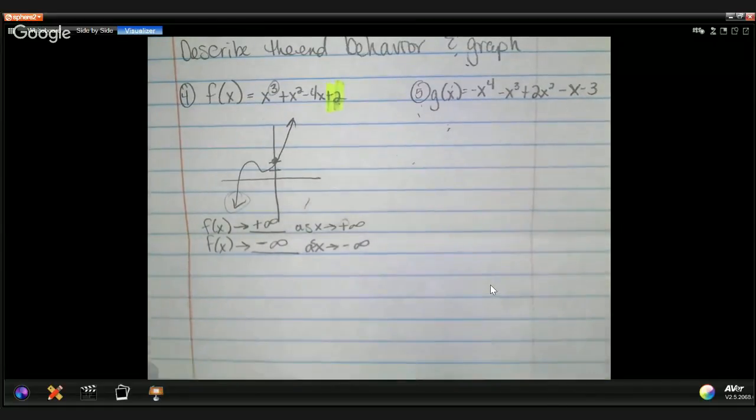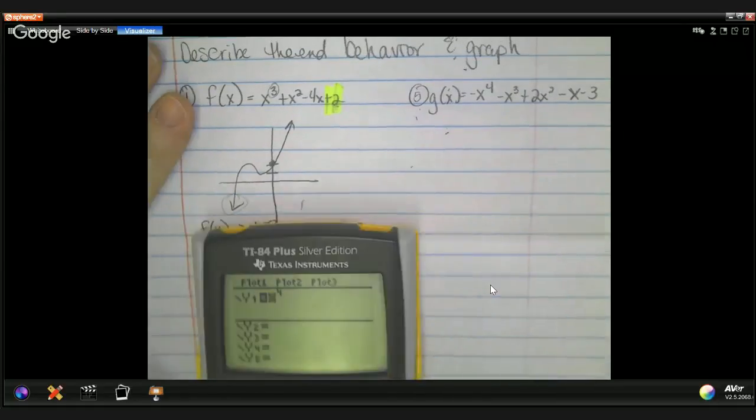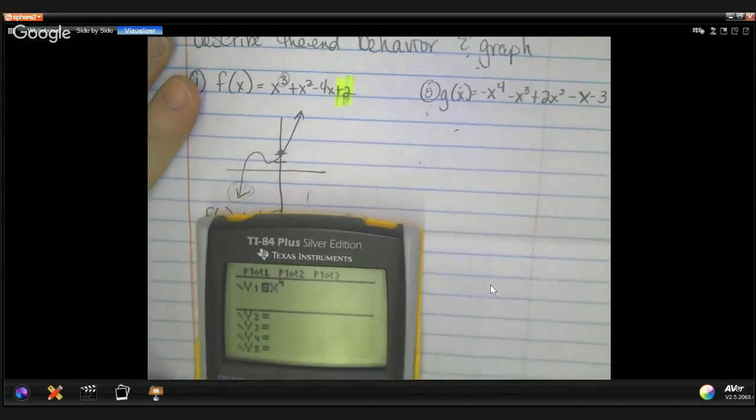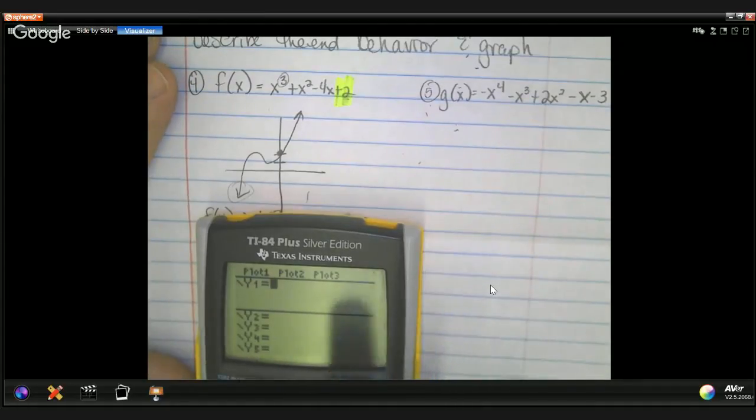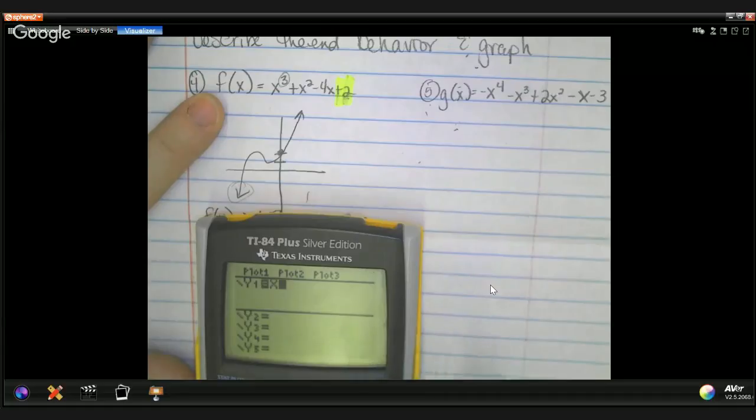So now let's graph this in the calculator to see how close or how off we were. We should have the humps right. The only thing we might have wrong is what the curve looks like. So let's plug this in. X to the third plus x squared minus 4x plus 2.